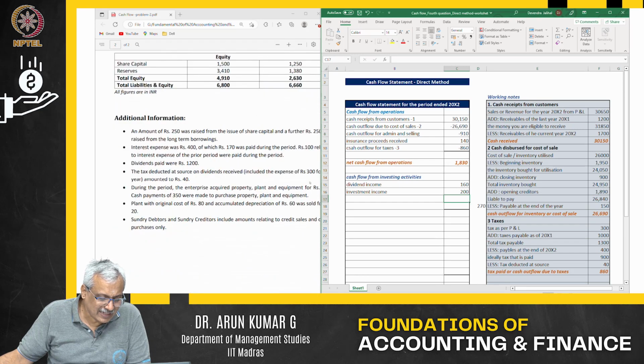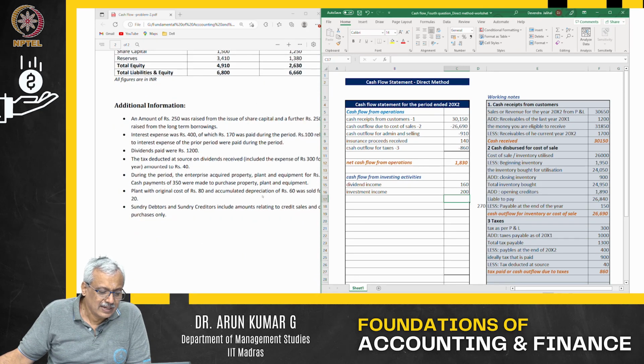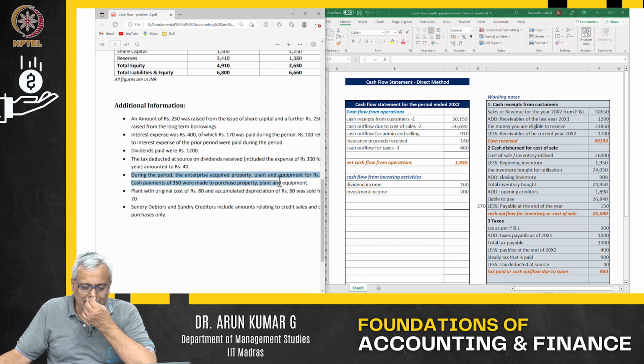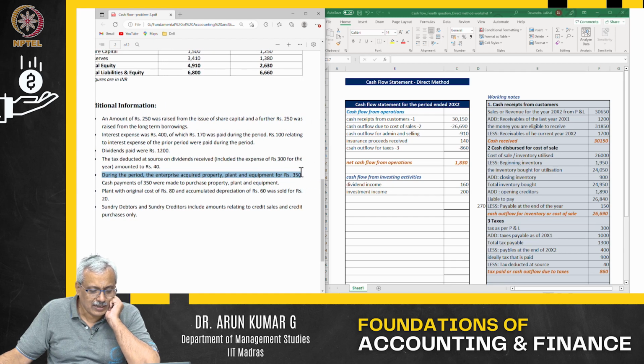But let us see the adjustments. It says that during the period the enterprise acquired property, plant and equipment for about $350. Cash payment of $350 was made on the purchase of property, plant and equipment. That means during the period they acquired something for 350 and you have made the cash payment.